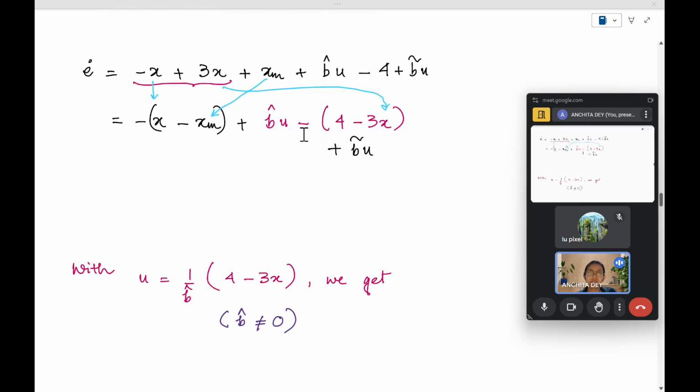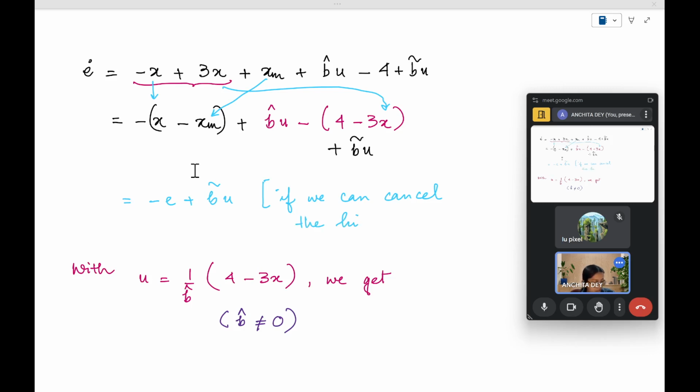Now you can see that we have this u thing here, and we would like to do some design such that these terms can get neglected or can get cancelled. If this gets cancelled, then it's easier for us, because we would be only left with E dot equal to minus E plus b tilde u if we can cancel the highlighted terms.